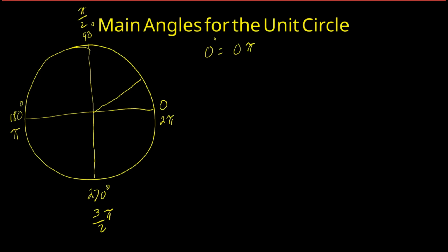At 30 degrees, I will be 1/6 of the way around to 180 degrees. So that'll be pi over 6.